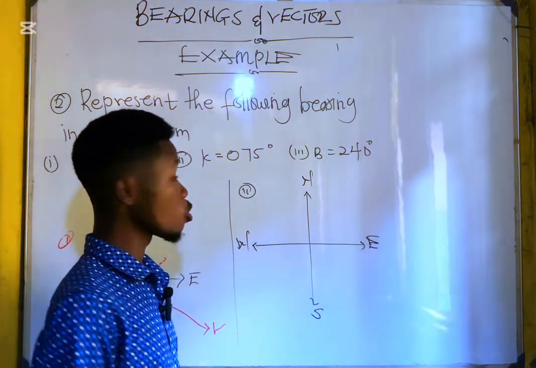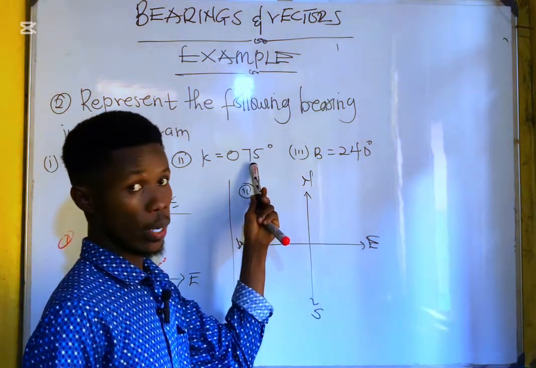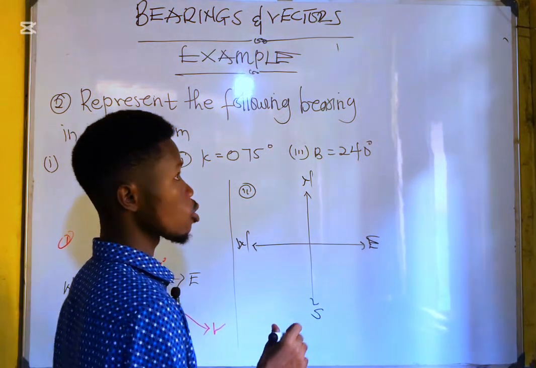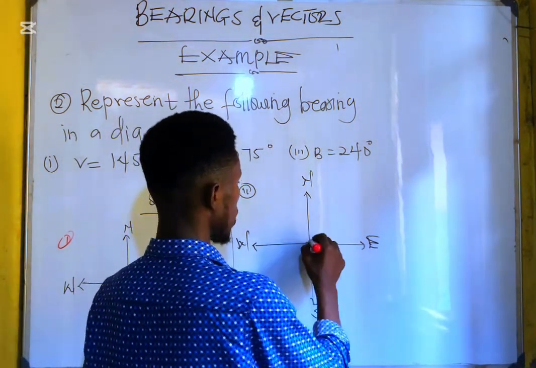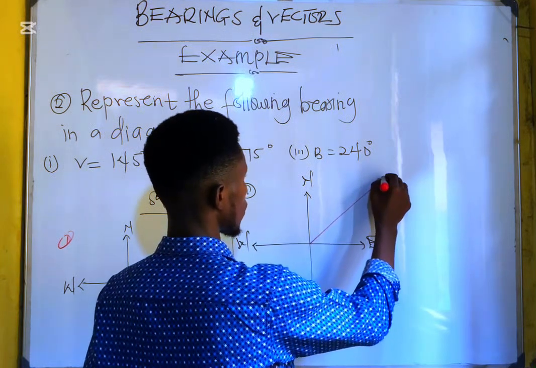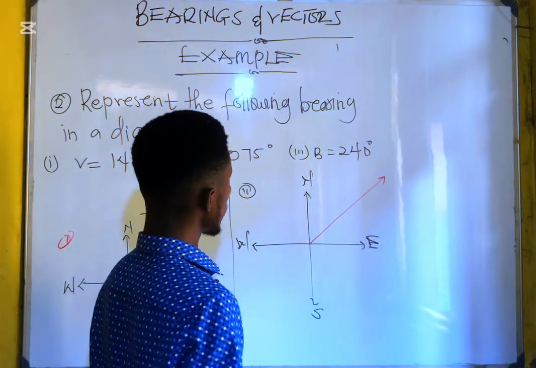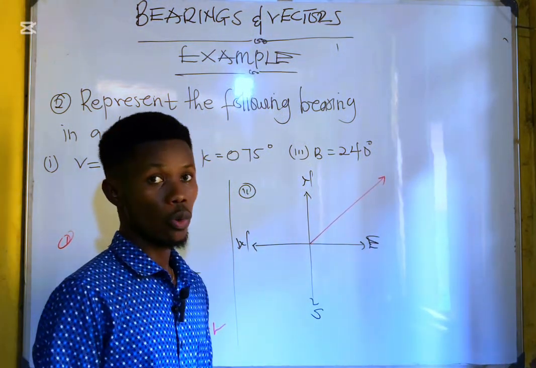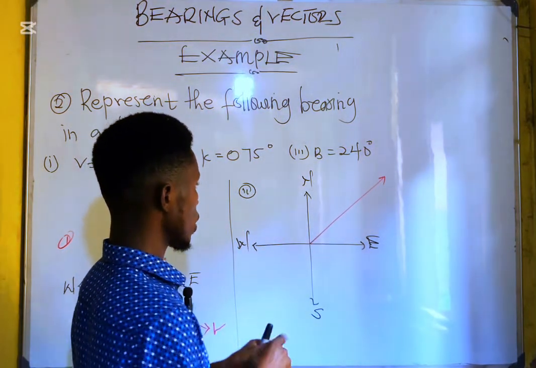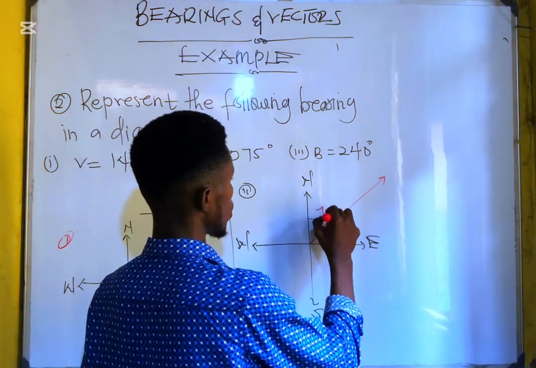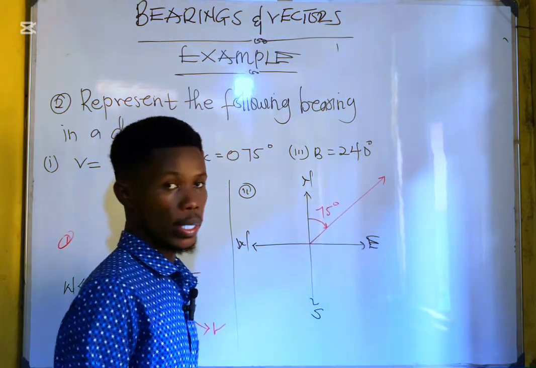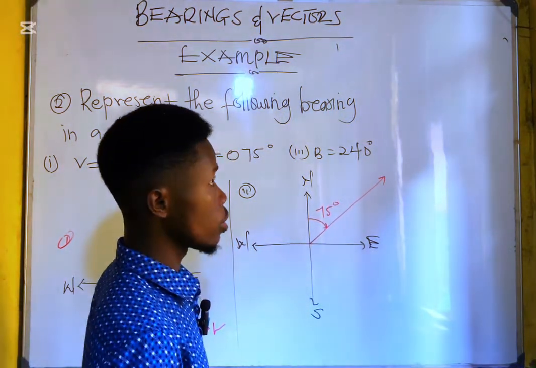For the 75, which quadrant will this be in? First quadrant, right? For 75, you are in the first quadrant. So you stand here, then you draw your straight line. Because you are measuring from north, you stand here and it comes in this direction. This side will be 75 degrees. Is that okay? Very good.